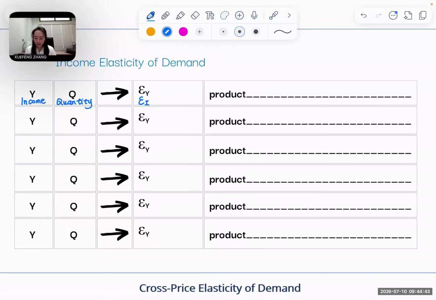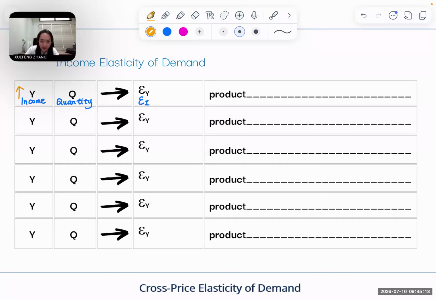So let's see. Let me use another color. Suppose your income increases, so the prerequisite is your income increase. So I just put an arrow in front of Y. That means your income increases and you buy more.